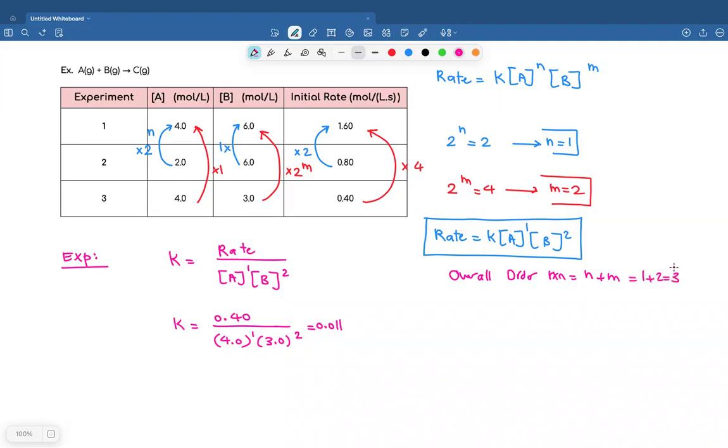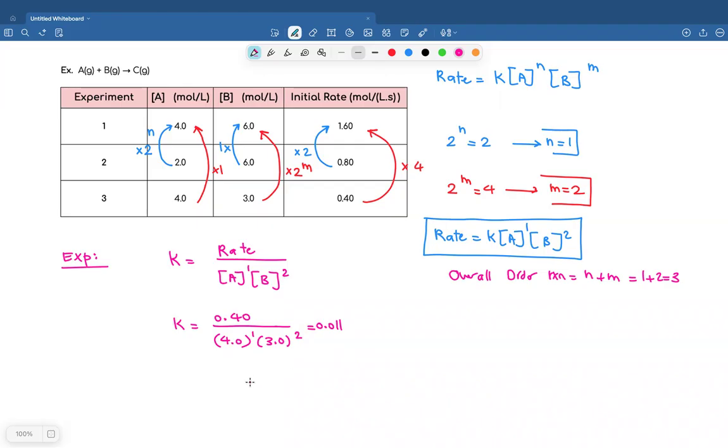For a third order reaction, the K unit will be very different than for a second order reaction or a first order reaction. So keep that in mind. That's why every time we have to figure out what the unit is, because the unit of K keeps changing.